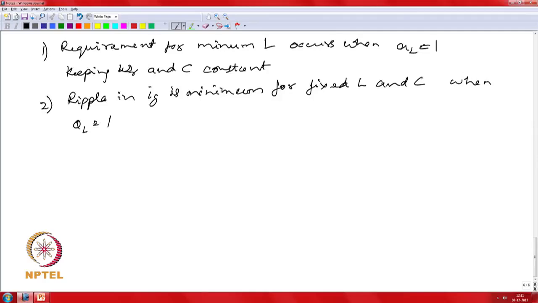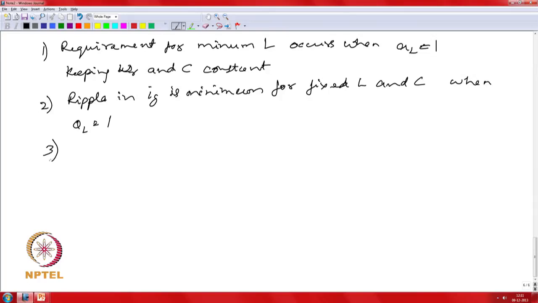So, keeping other parameters like L, C and omega r constant, you can take the expression for Ig and take the derivative with respect to AL, and you will see that the ripple in Ig is minimum at this particular point of AL.